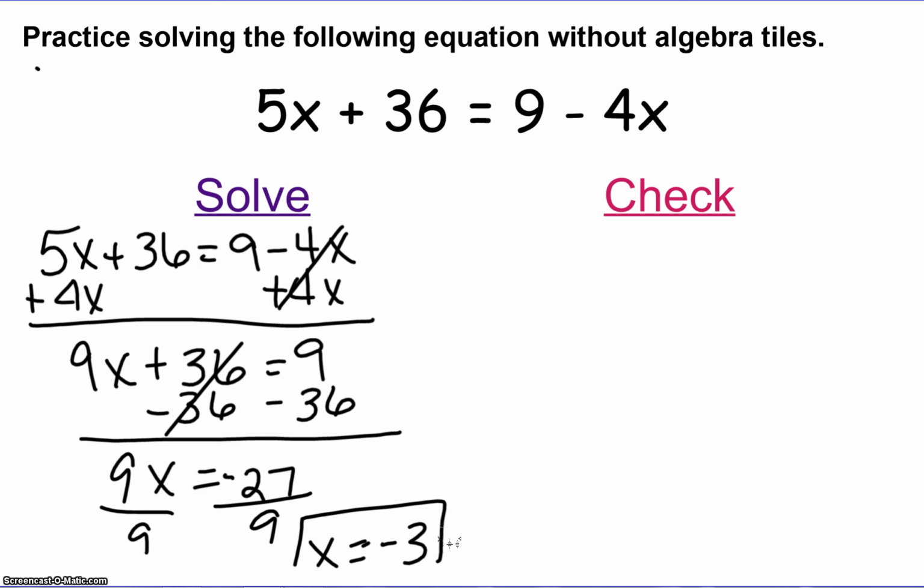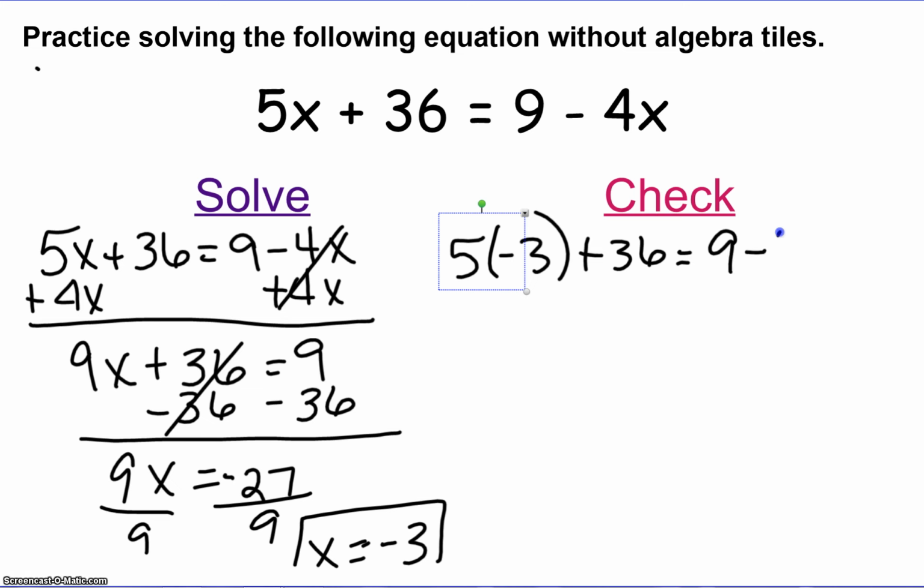But once you're done with that, you have to check it. So 5 times negative 3 plus 36 equals 9 minus 4 times negative 3.